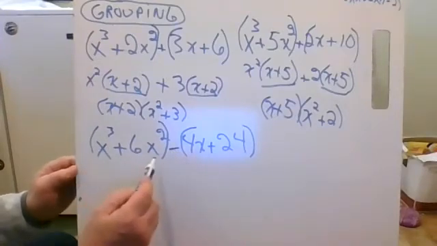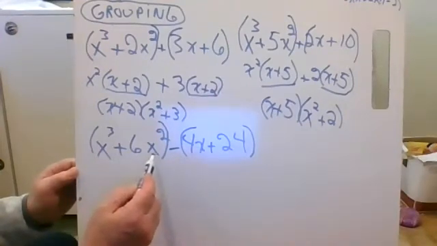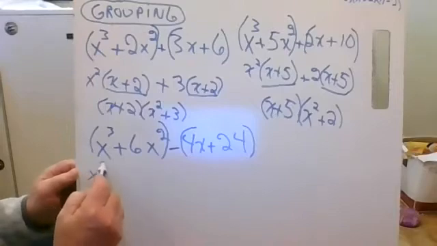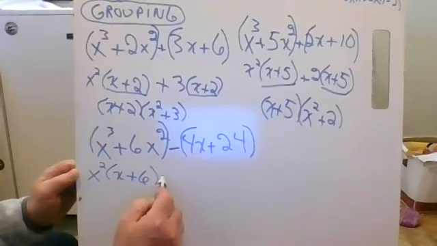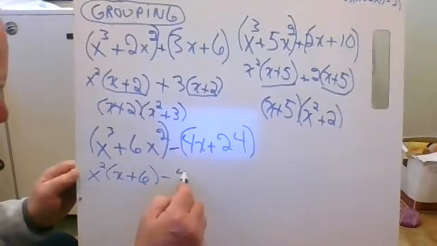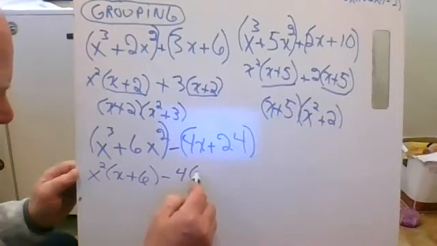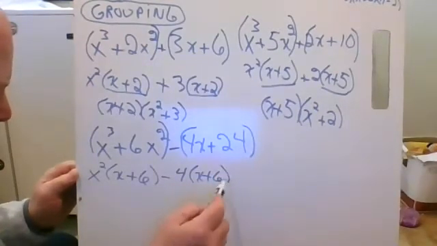And now we take the first 2, and again, what are we going to take out? The x squared, and it's going to leave us with the x plus 6. Then we have the minus, and then 4x plus 24, you take a 4 out, and you leave yourself with x plus 6.